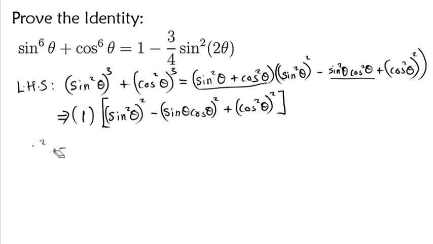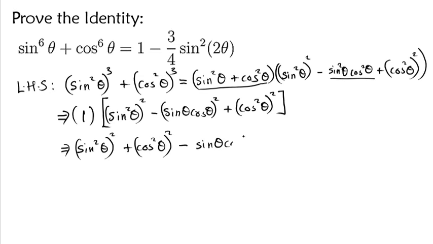So instead, this is what I'm going to do. Let's rearrange them inside the square brackets. The rearrangement will look like this. We have the sine square theta, this is squared. We have the cos squared theta, this is squared, minus sine theta cos theta, this is squared.